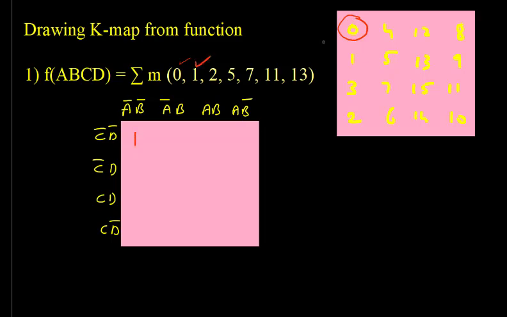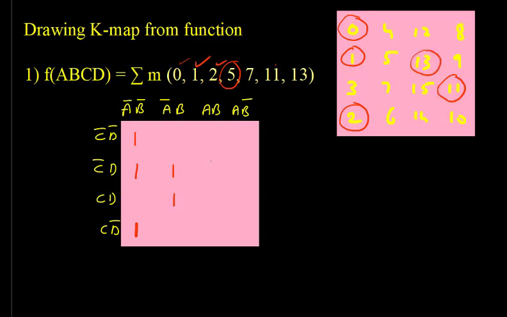Now next is cell number 1, at this point, so this becomes 1. Now 2 comes at this position, so this is 1. Then 5 is at this position, this becomes 1. Then 7 is just below this. Then 11 and 13, so 11 is here and 13 is here.